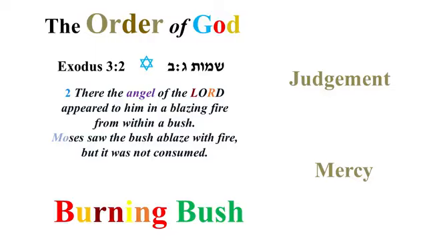They're opposites. Okay? Remember the burning bush we mentioned a little while ago. Exodus 3:2. There the angel of Yahweh appeared to him in a blazing fire from within a bush. And Moses saw the bush ablaze with fire, but it was not consumed. So that burning bush, this is when Moses goes up on Mount Sinai, right?